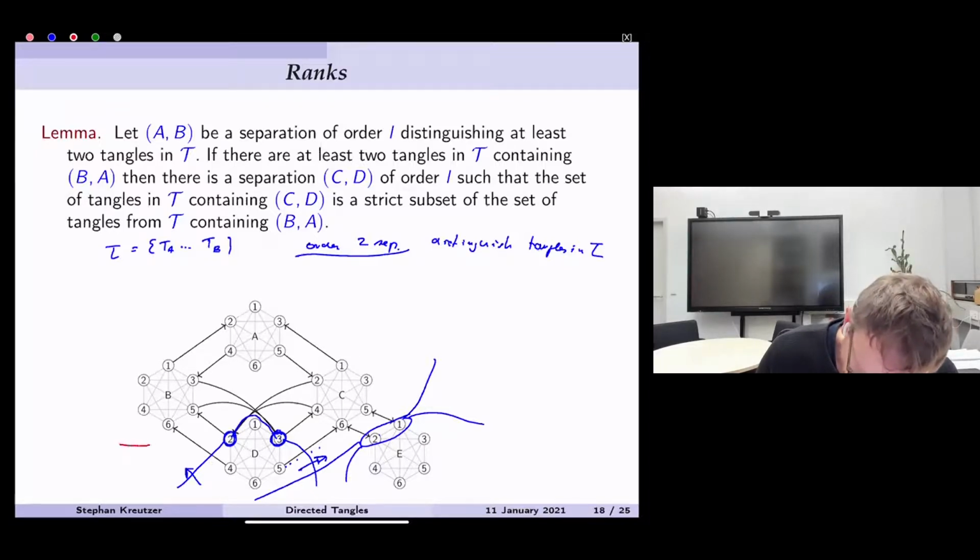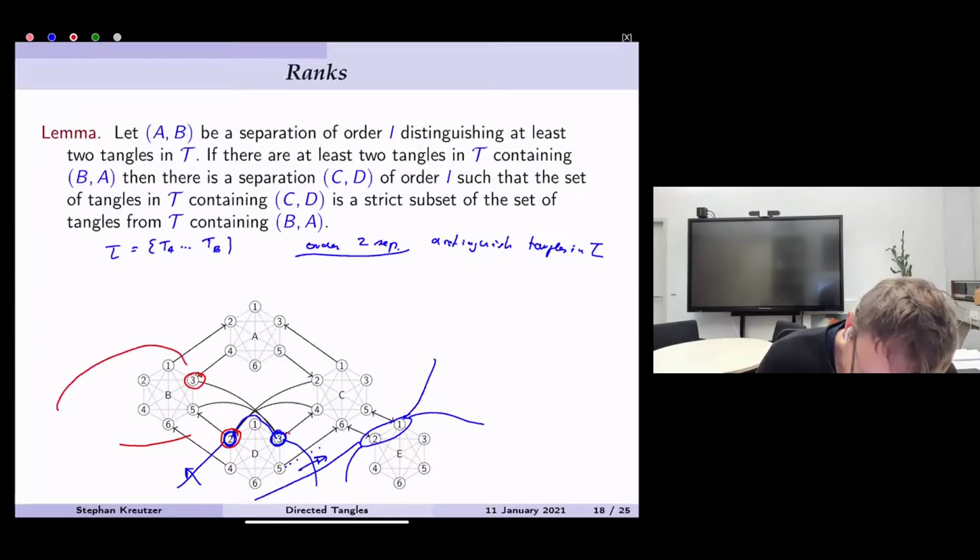Because we want these 6 vertices, the clique B here, right? And what we can do is just take the outgoing vertices. So we would take this vertex and this vertex here.